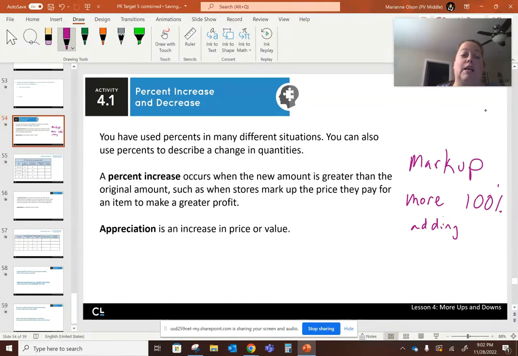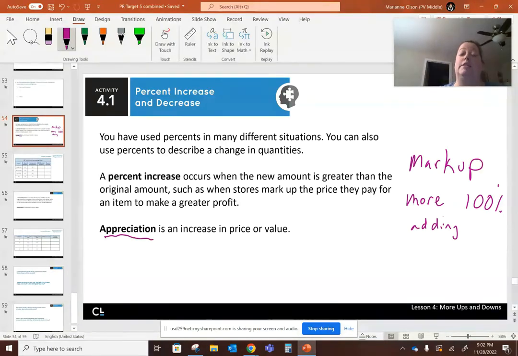So right here it says a percent increase occurs when a new amount is greater than the original amount, such as when a store marks up the price that they pay for an item to gain a profit. We also hear this word appreciation. Usually, like your house can appreciate in value when you buy a house and make improvements on it.